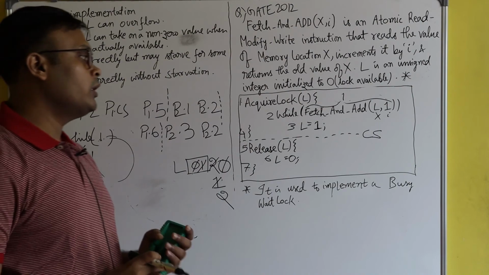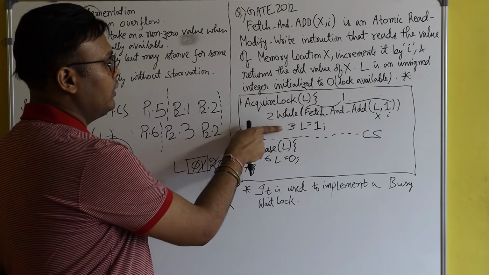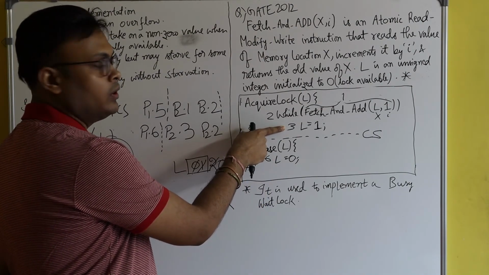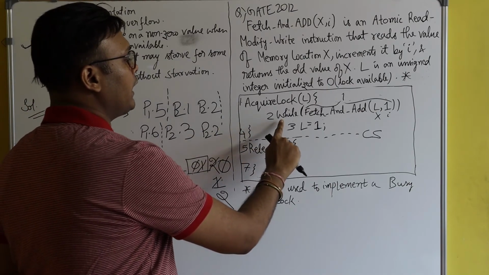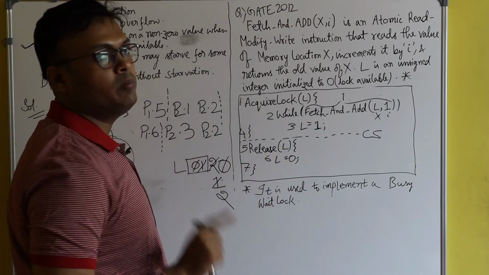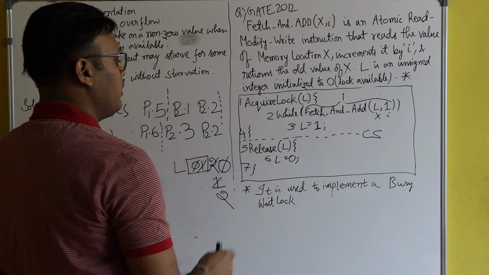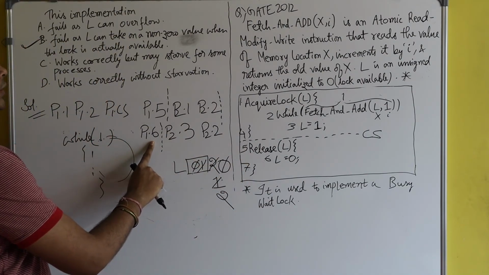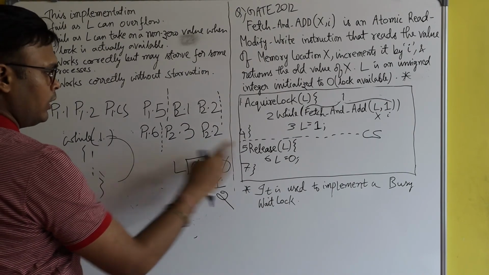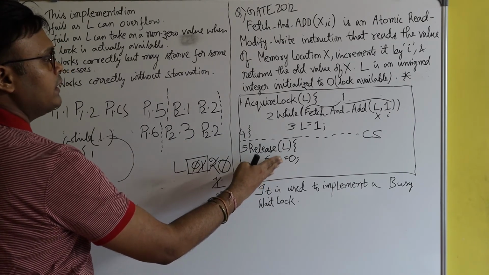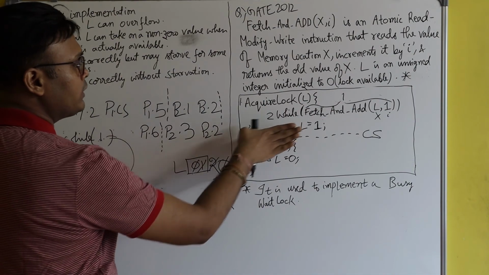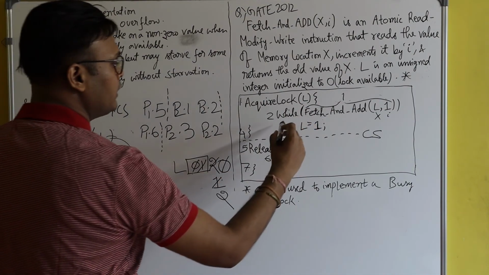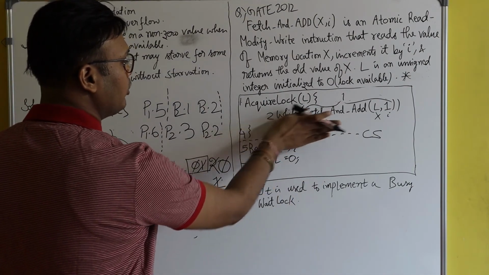Here the problem happened because of this line number 3. If this line were not there, there wouldn't be any problem. After line P1.6, the lock was available. Just think this line is not there.